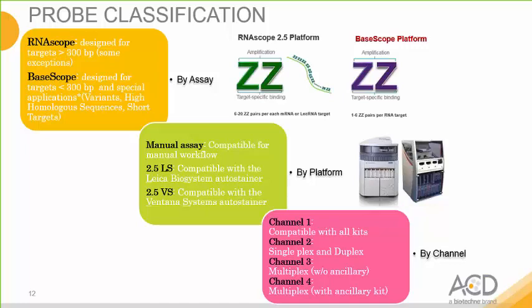RNAscope probes can also be classified by the platform used to run the assays. These can be manual or on the Ventana or the Leica autostainer. Lastly, our probes are classified by the channel that they are designed in, and this channel indicates the compatibility of the probes with different amplification systems. We will discuss this point in greater detail in the following slides.